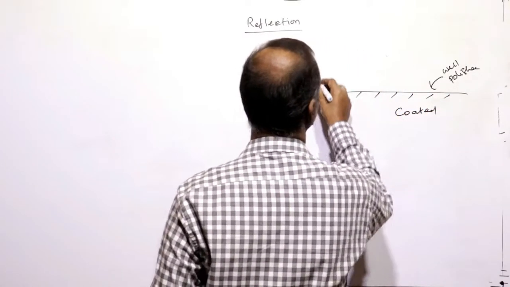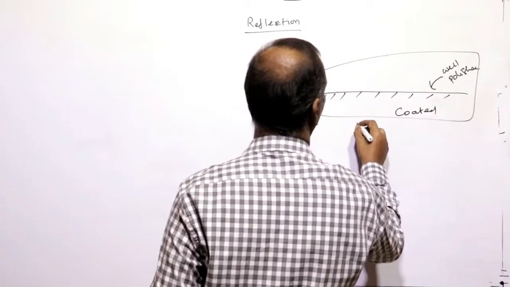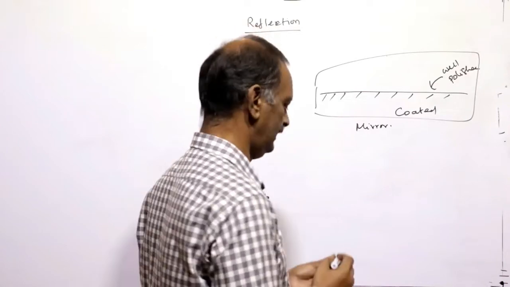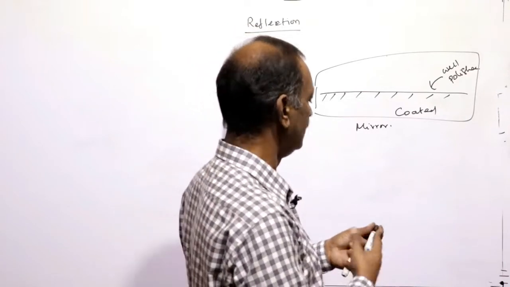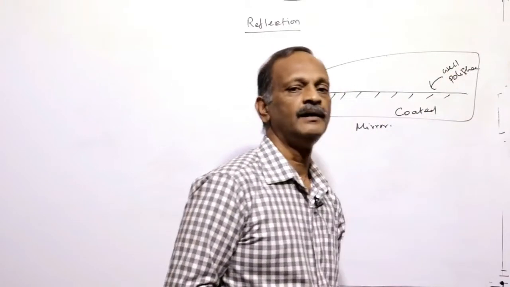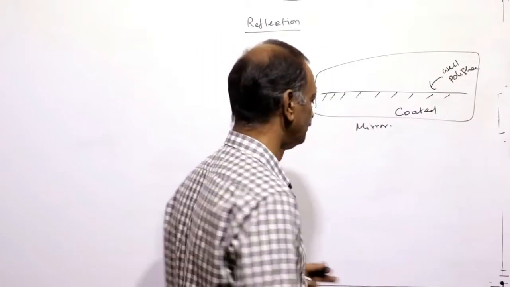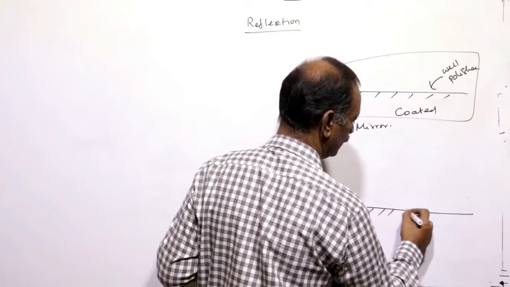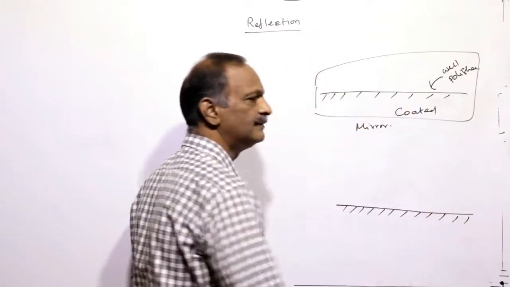So this entire thing forms a mirror. So light incident on the surface will be reflected back, it will not be transmitted. So we will take a mirror now here. What is a mirror? A mirror, one side is coated, the other side is well polished.